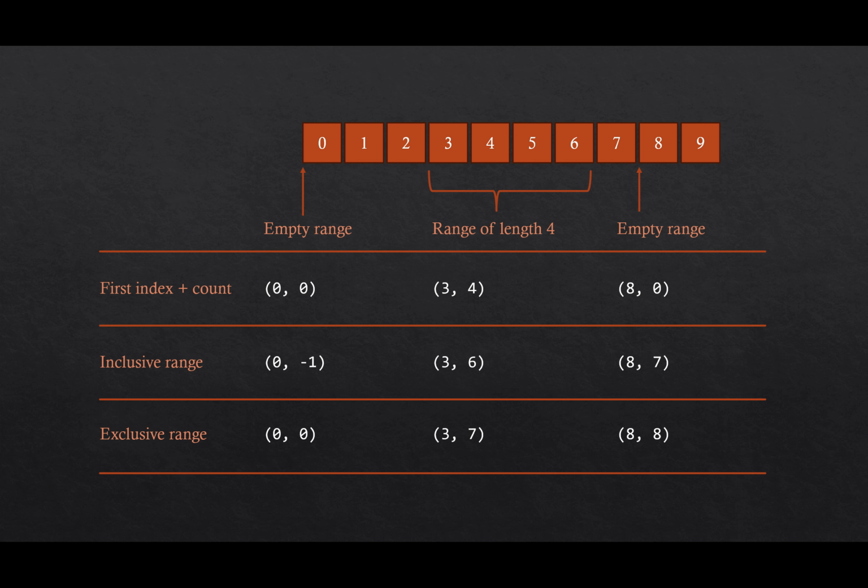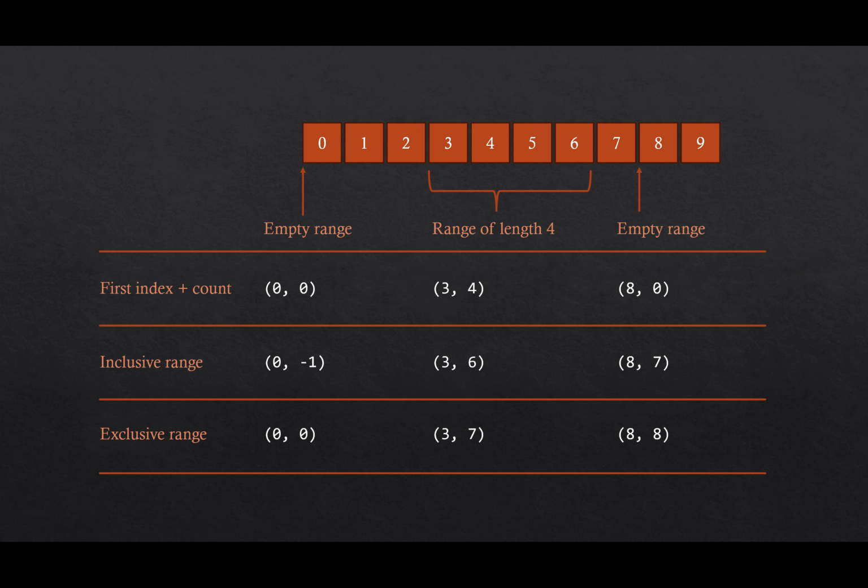Again, the start index of the range is 8, and the range is empty, so it has 0 items in it. That's pretty straightforward. That is the convention sometimes used in the .NET framework, for example in the string.substring method, which returns a substring within a string. It takes start index and count parameters to represent the index of the first character in the substring, and then the length of the substring.